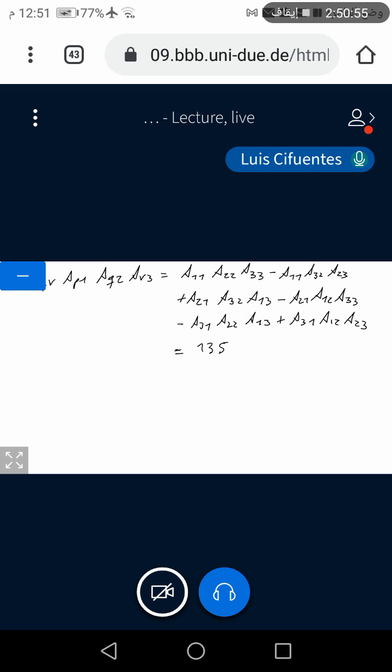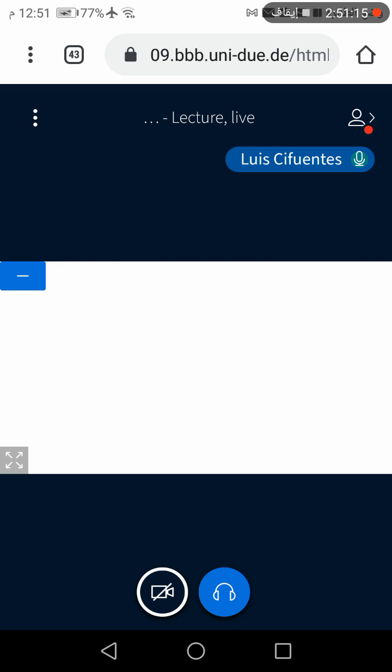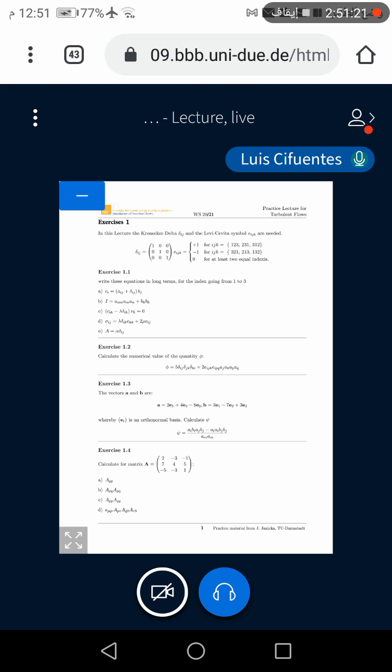The last exercise is 1.5. It's quite easy. We have to write the following equation in index notation, so it's not that much. Let's check the exercise.